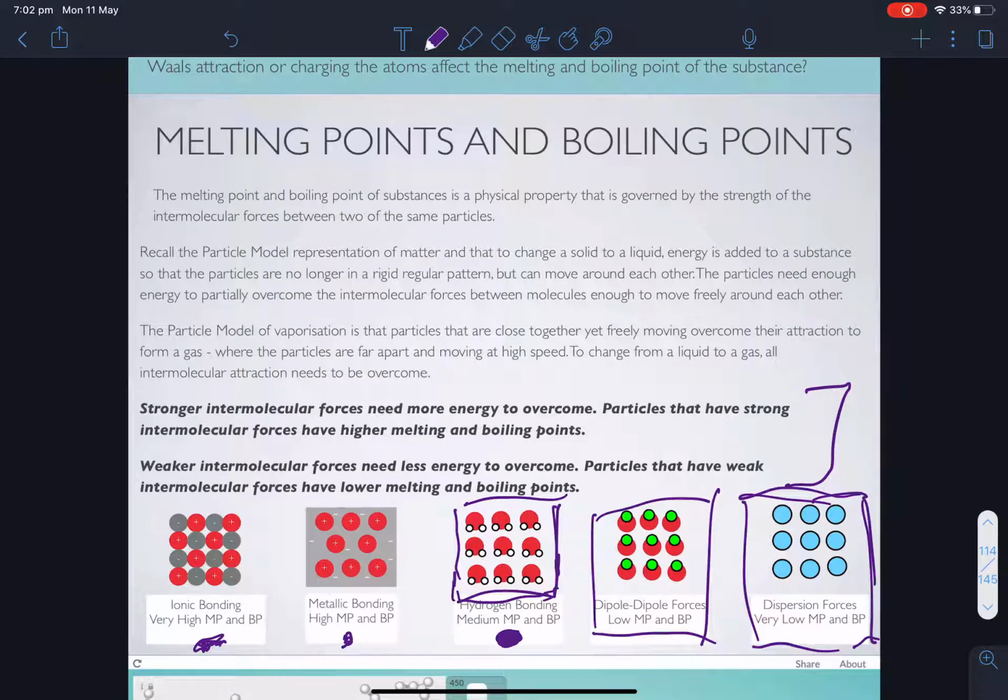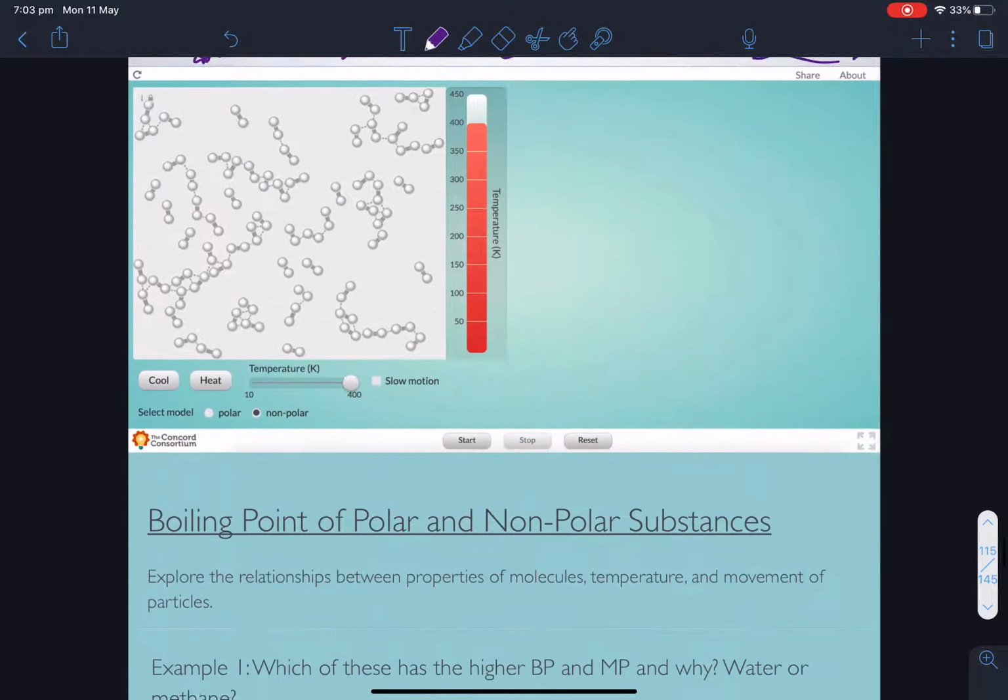Think of stuff like oxygen, O2 to O2, which only has dispersion forces, and it's a gas at standard temperature and pressure because there's not much attraction between them. Think even lower again, you've got stuff like helium, where it's a single atom. So lower dispersion forces, only a single atom, and you get a lower and lower boiling point. So there's the spectrum there.